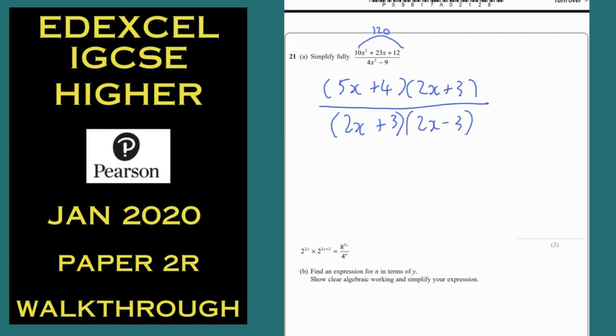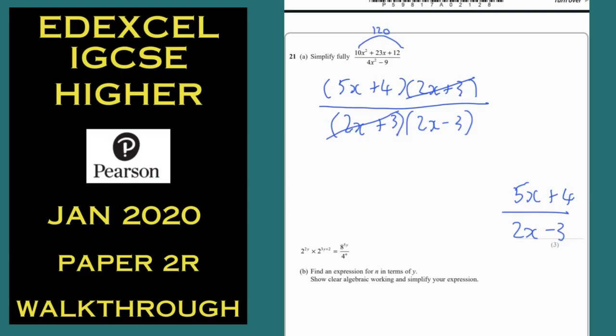And that gives you a massive clue that when you were factorising the top, the numerator, it had to have a 2x in it, which meant it has to have a 5x. So that eliminates the possibility of 10 and 1. But however you've factorised it, those two cancel out, and we're left with 5x plus 4 all over 2x minus 3.